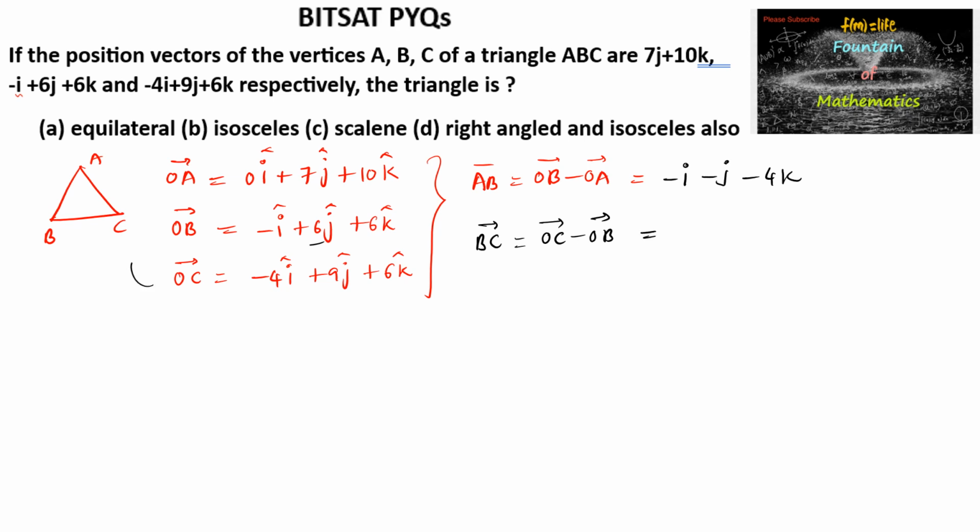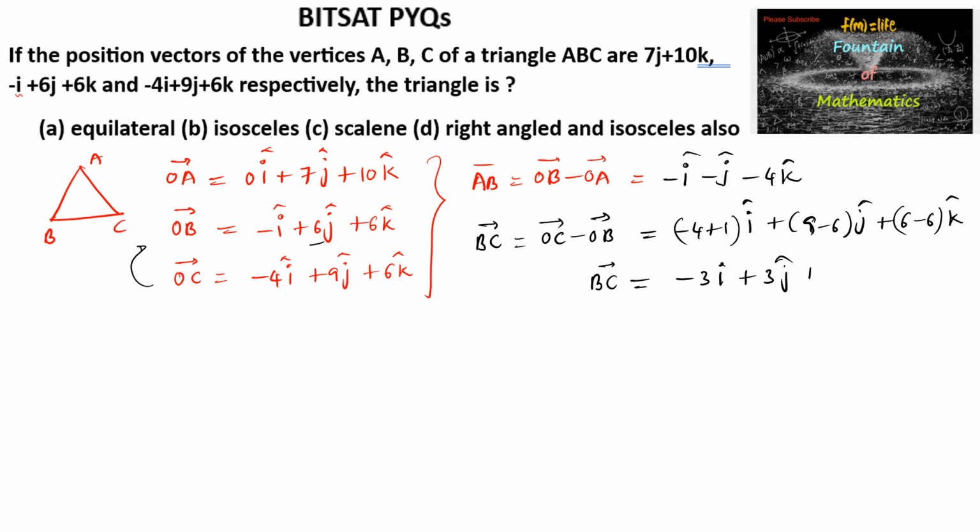So minus 4 minus of minus 1, that is minus 4 plus 1 of i, and 9 minus 6 of j, and 6 minus 6 of k. So we can write BC vector is equal to minus 3i plus 3j and 0 k. Or we can also take 3 common: 3 times (minus i plus j).